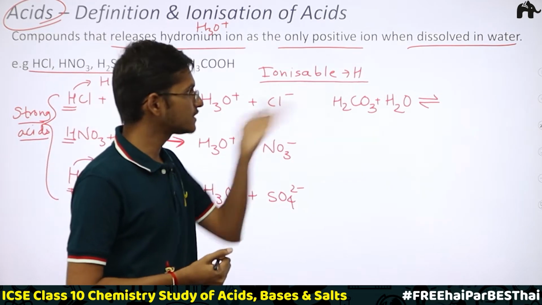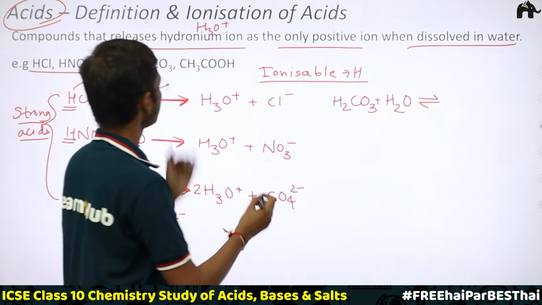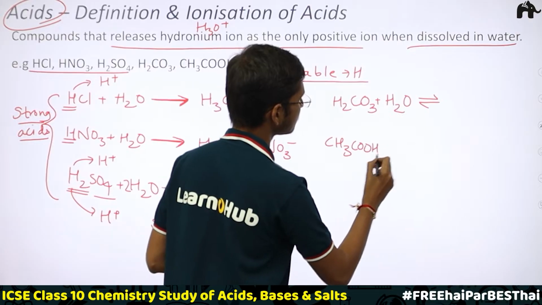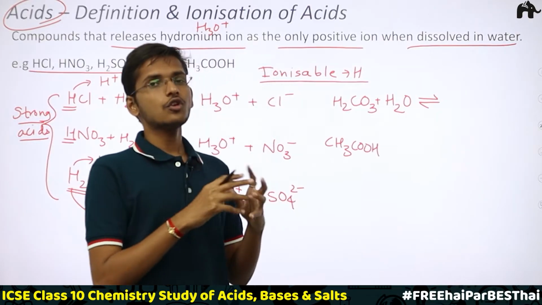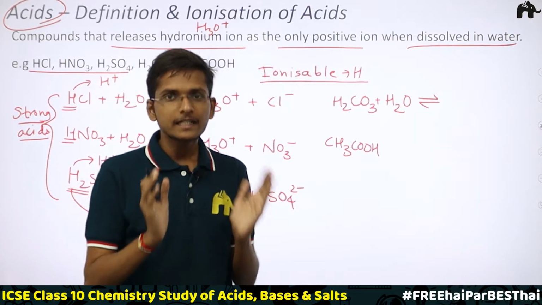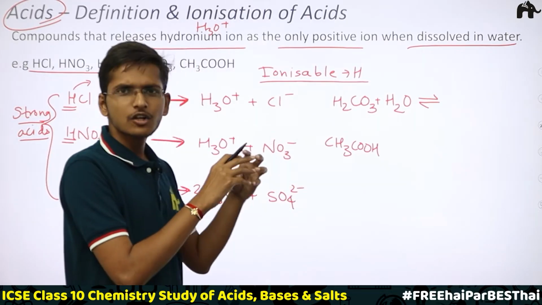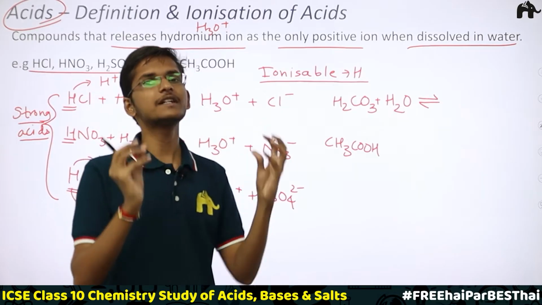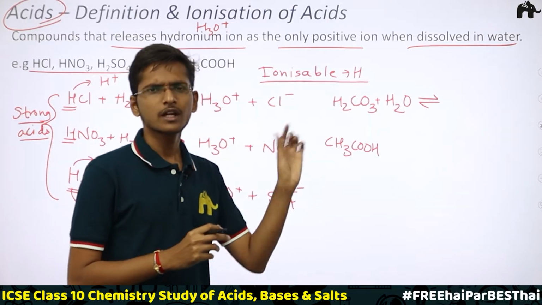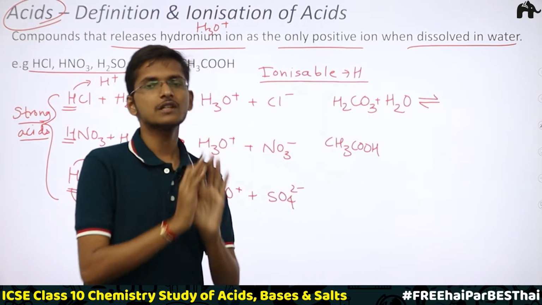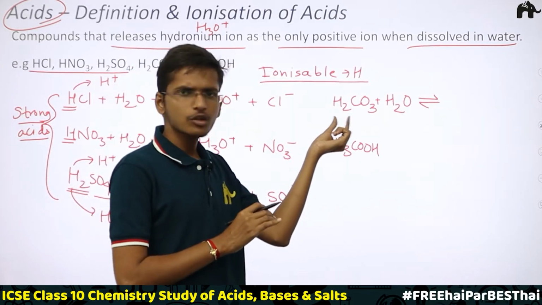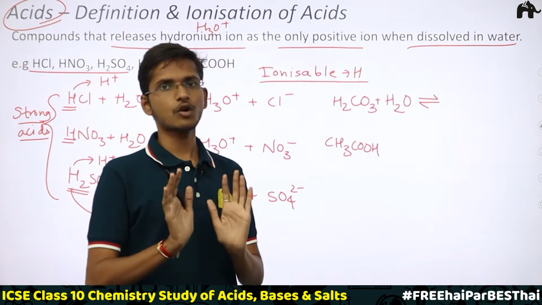Now the case with these acids, H2CO3 and CH3COOH: these acids do not ionize completely in water, which means their neutral molecules are not completely split into charged ions. Some neutral molecules remain as they are in the water. So in this case, some neutral molecules of H2CO3 remain as they are in the water.